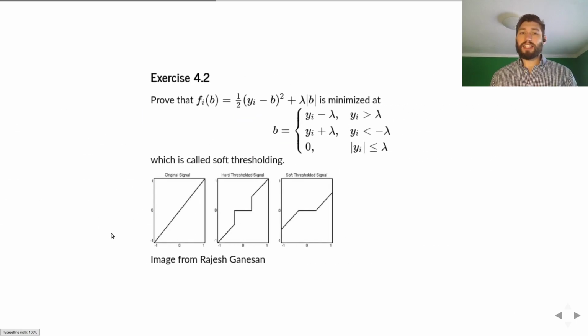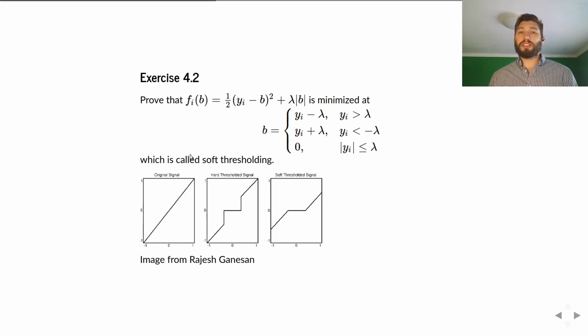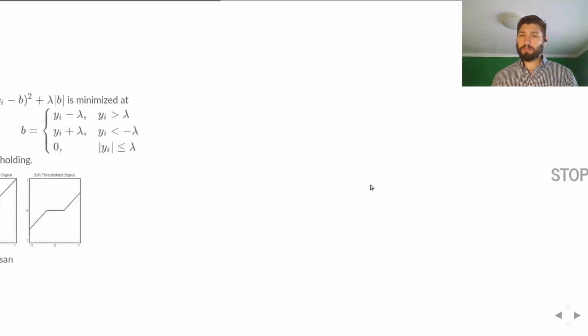And I claimed that its minimizer happens to be soft thresholding. So the basic idea is that b is equal to y_i minus lambda or y_i plus lambda, depending on whether it's positive and greater than lambda or negative and smaller than negative lambda. And it's 0 if y_i's absolute value is less than or equal to lambda. So this is the picture we should have for soft thresholding.